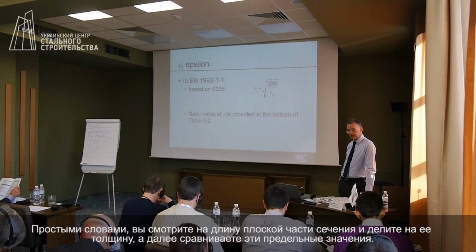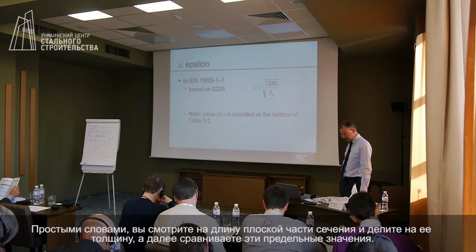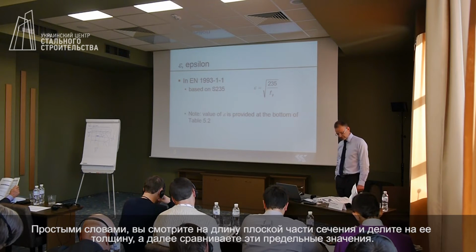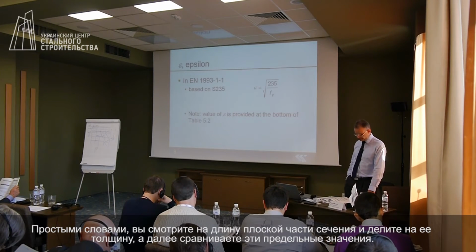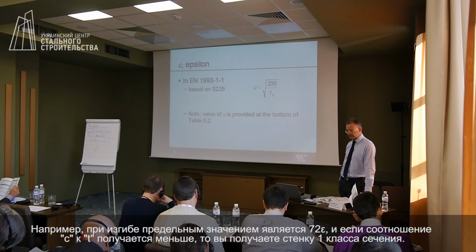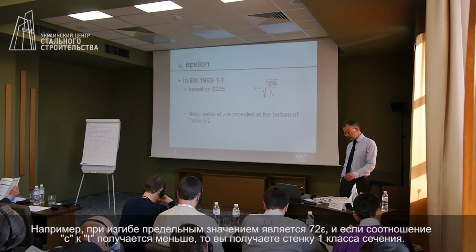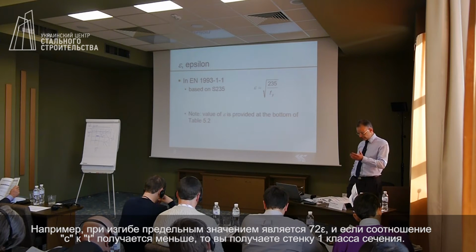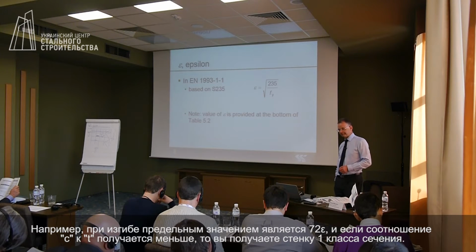So simply, you look at the length of the flat part, you divide by the thickness, and you compare to those limits. For example, for a member in bending, the limit is 72 epsilon. If your C over T ratio is smaller than 72 epsilon, then you will have a class 1 web.